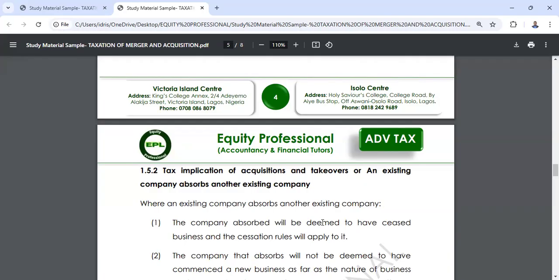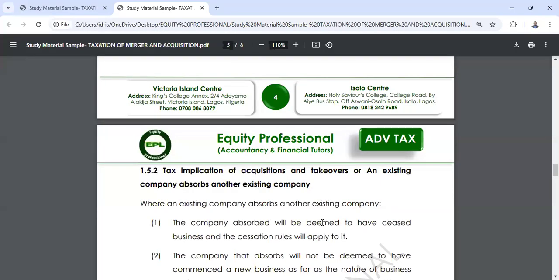Example, assuming A acquires B. A is the absorbing company, while B is the absorbed company. The absorbed company will be deemed to have ceased operation. The absorbed company will be deemed to have what? To have ceased operation, and the cessation rule will apply.